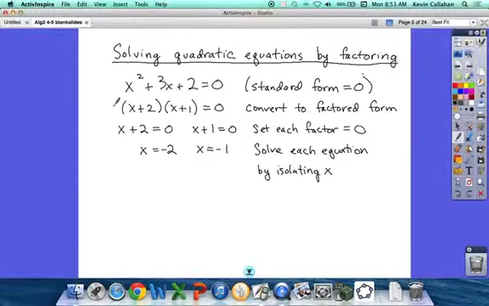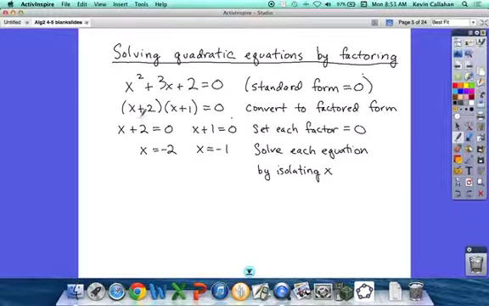Now, in this form, this is like the zero product property on the last slide. We're multiplying two things together and getting a product of 0. That tells us that either x plus 2 equals 0 or x plus 1 equals 0. One or the other has got to be 0 because that's the way you get a 0 through multiplication.